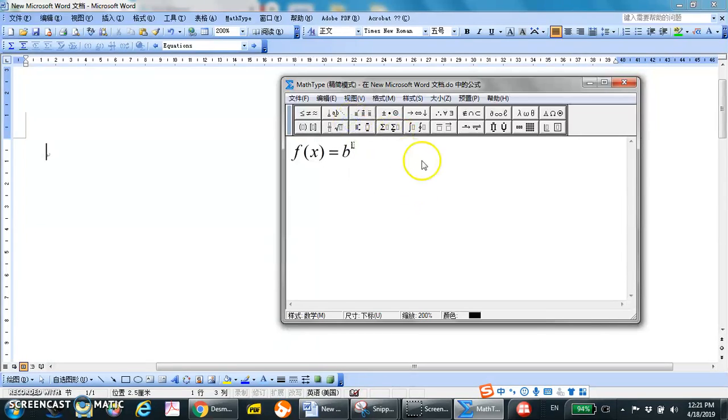Say we have an exponential function b to the x, where b is greater than 0 and b is not equal to 1.